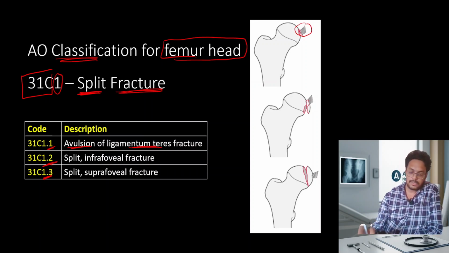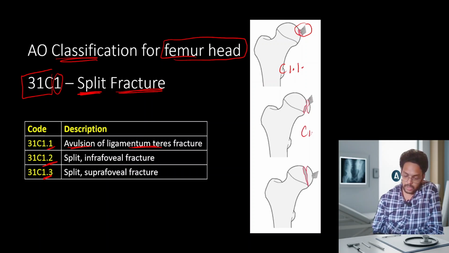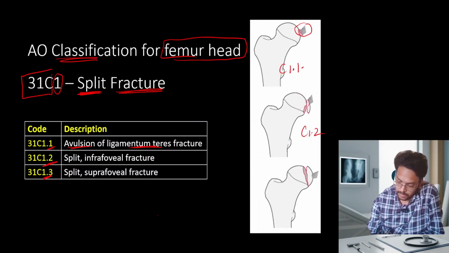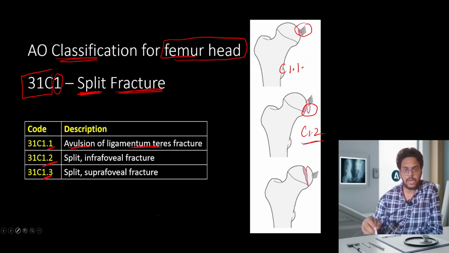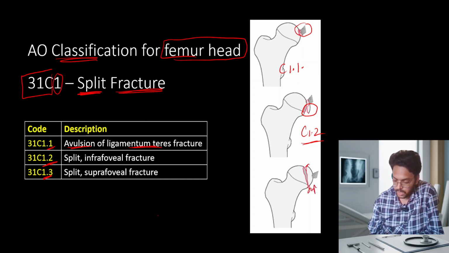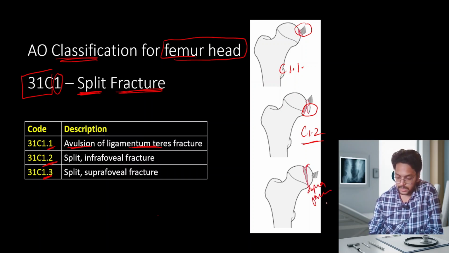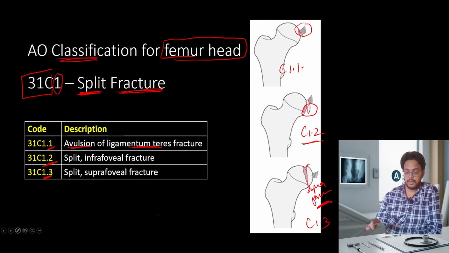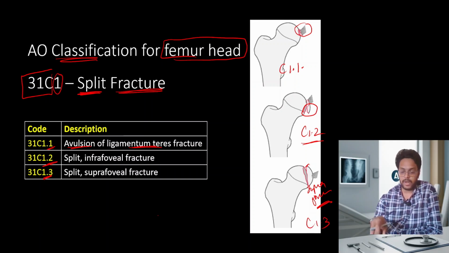It is C1.1. C1.2 is a split infrafoveal fracture, where the part below the ligamentum teres is getting split off. If it is above, that is suprafoveal, it is C1.3. This is the simple C1 split fracture.